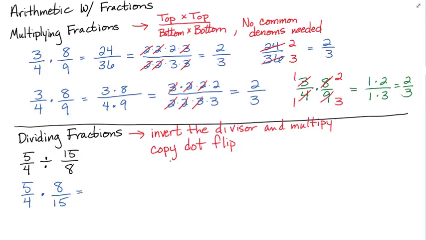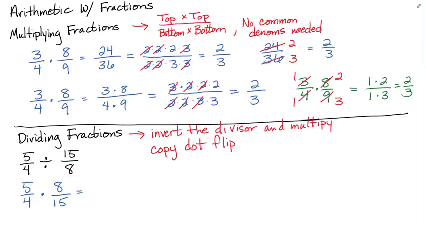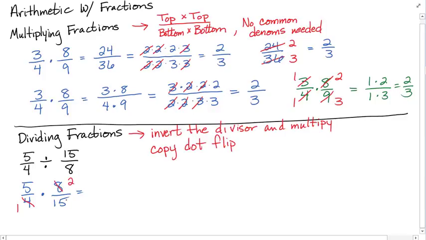I always prefer to simplify or cross cancel before I multiply. So I'll look at, say, those two numbers and say, hey, do they share any common factors? And the answer is yes, they share a 4. So 4 goes in there once, 4 goes in there twice. And then look this way, do they share any common factors?